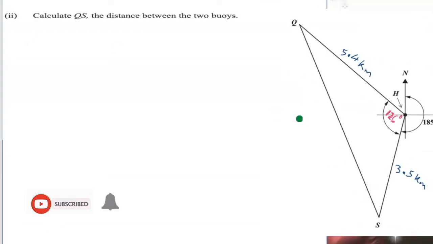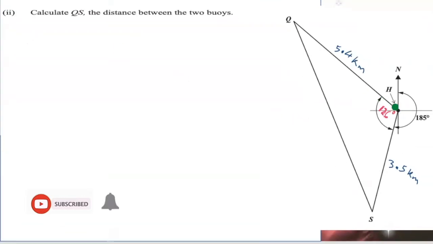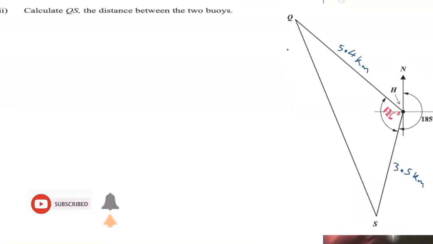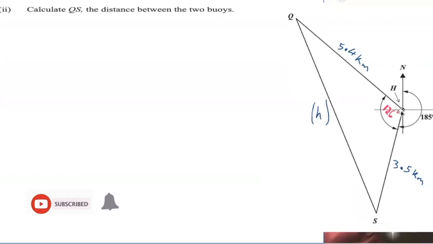When you have the angle 126 degrees, capital H, I'll represent it as the angle. The side facing angle H, we are going to label as small h. So this is capital H, the angle, and the side facing it I will label as small h.